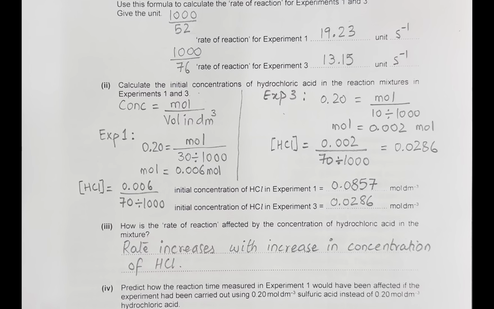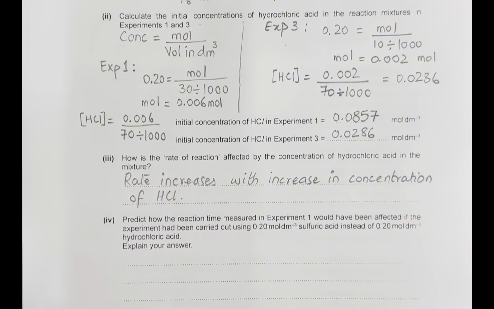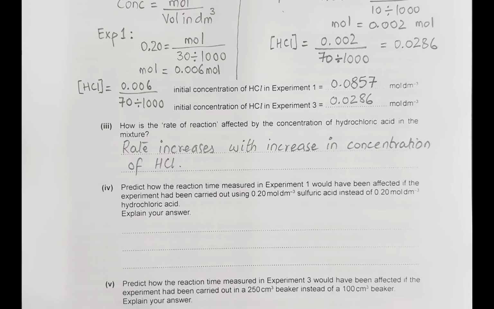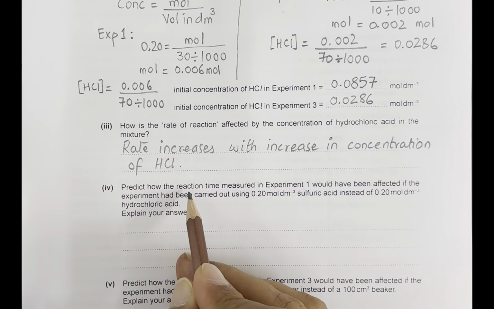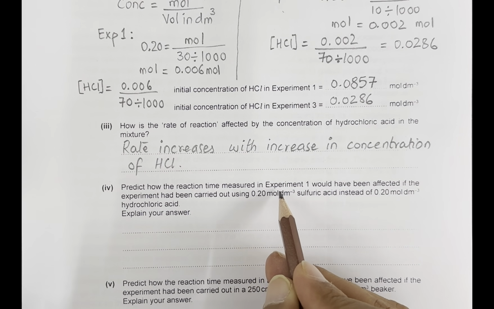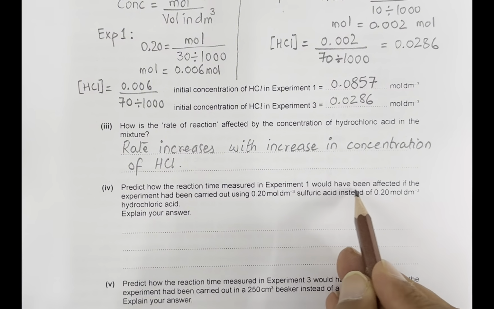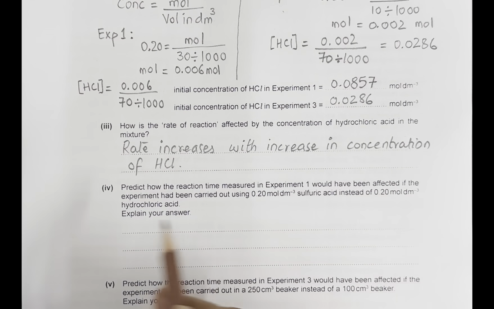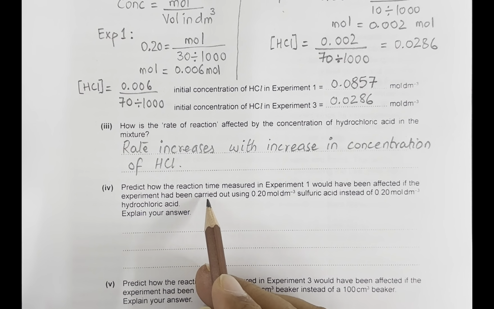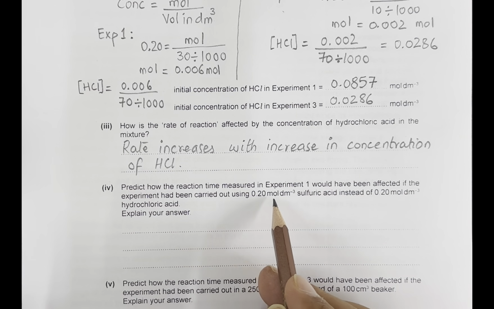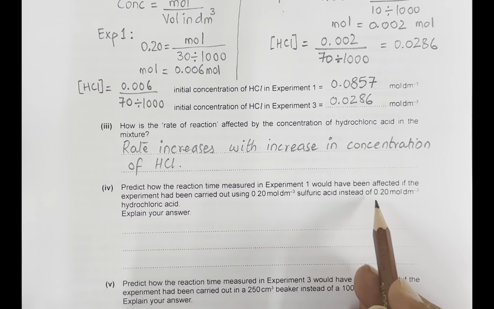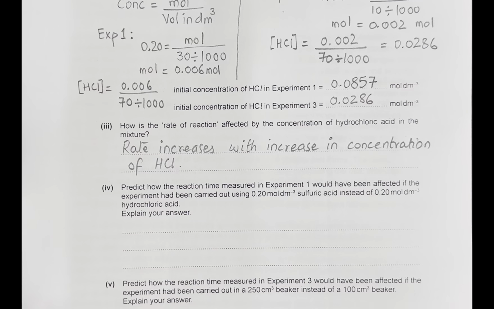Now let's move on to the next part, which says predict how the reaction time measured in experiment 1 would have been affected if the experiment had been carried out using 0.2 molar sulfuric acid instead of 0.2 molar hydrochloric acid.